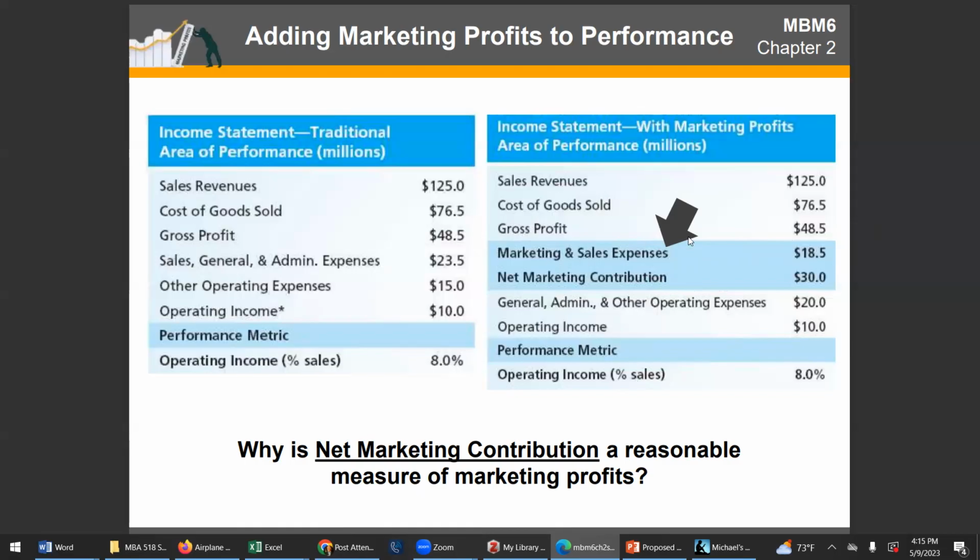But as I break out marketing and sales expenses of 18.5, what I can say is that definitively the net marketing contribution is 30. Okay. All right. So again, we're just slicing this differently and breaking out marketing and sales expenses so that we can call out what we've defined here as the net marketing contribution.